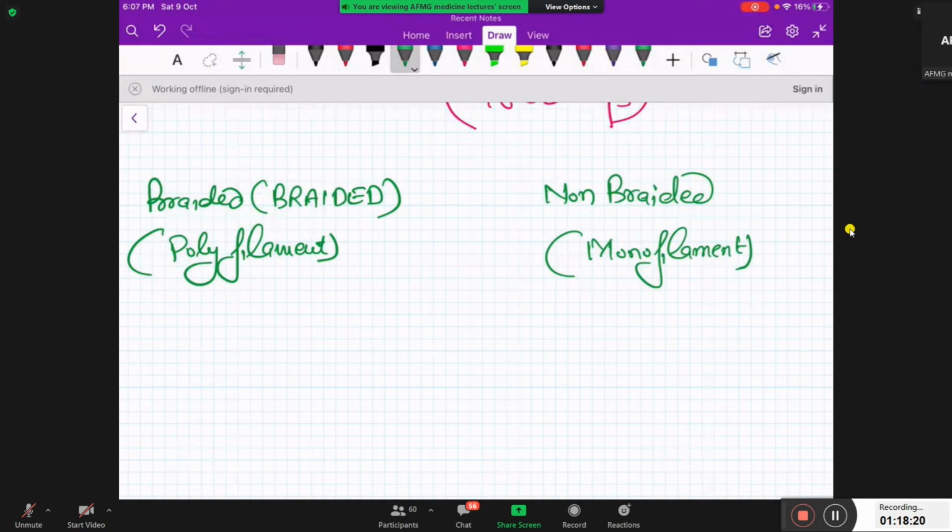If I take multiple such strands and move them together and form one suture out of it, it is braided or polyfilament.